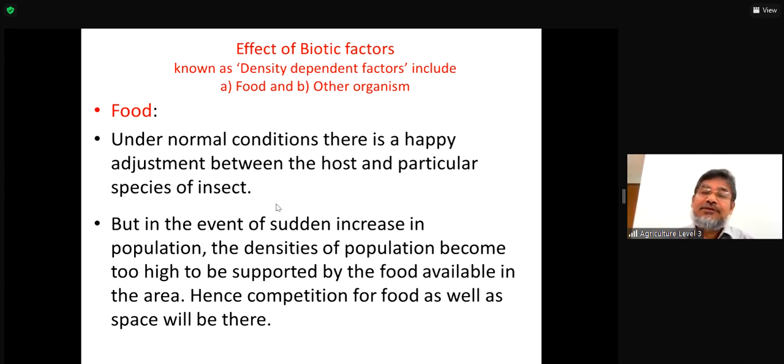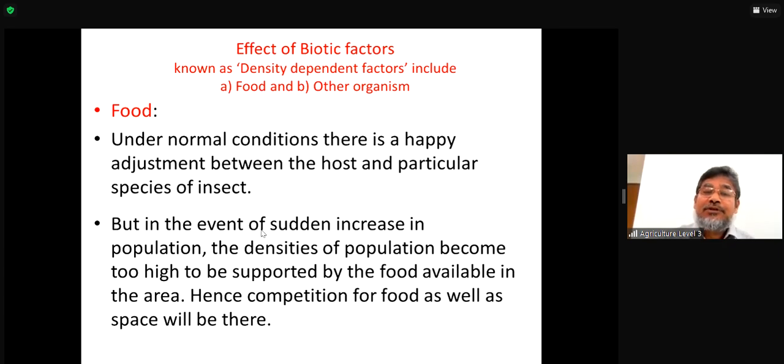If the food is around, they will complete their life cycle smoothly. If the food is not around, there will be a problem for them, and sometimes they may not survive. If the food is not available, they will move from one place to another. In this way, we can say that food is very important for insects to build their populations or to just leave the place.